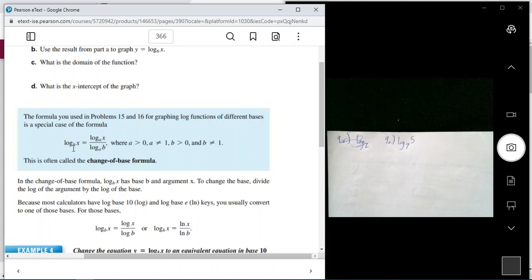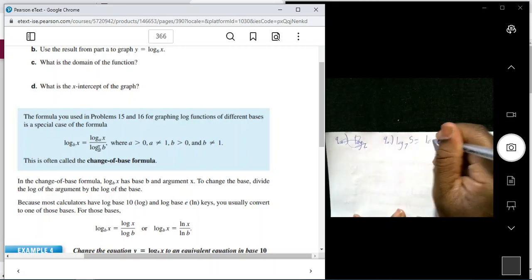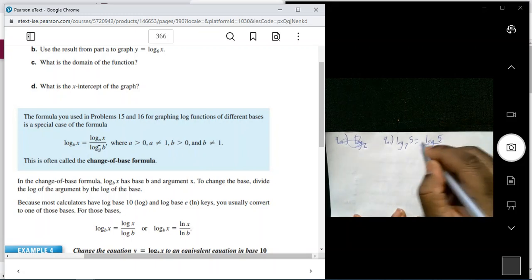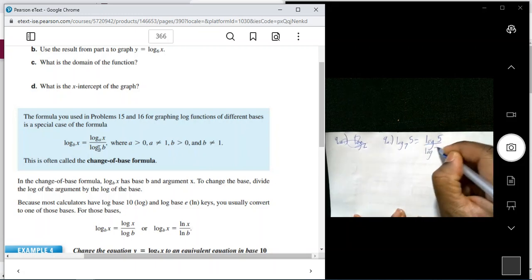Typically your base is not going to remain the base that you had here. So we have log the new base in x. You notice here that what goes in the numerator is the value here, and then the base that's at the bottom here will go in your denominator. So taking that knowledge, we will have log 5, and we know that's a base of 10, all over log 7.